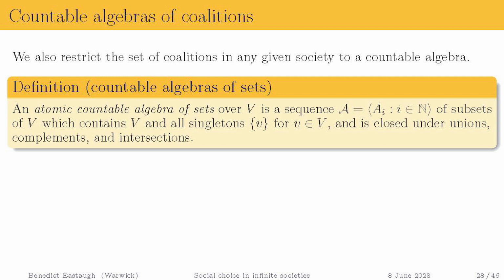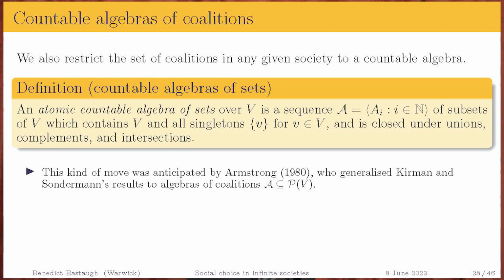Except that it's also going to contain all singletons. And this is important because we want to make sure that the social welfare function has the possibility of being dictatorial. And if you don't have any singletons, you can't get that. This kind of move was already anticipated in the 80s by Thomas Armstrong. He generalized Kirman and Sondermann's results to algebras of coalitions.